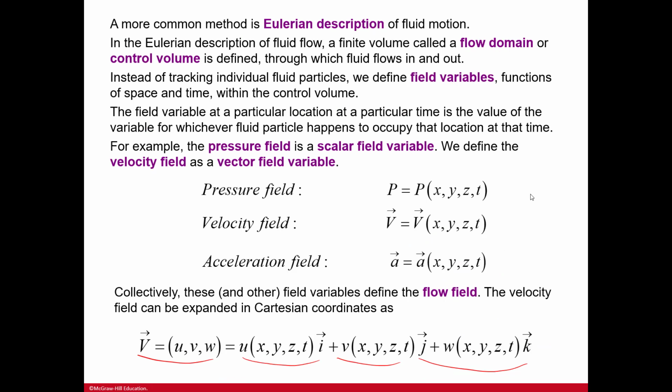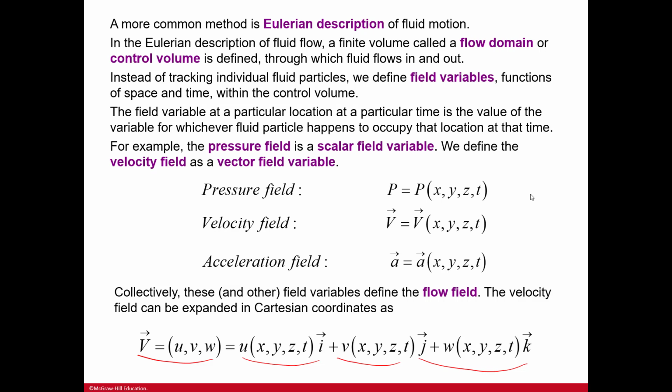And that's when we start looking at a flow domain or a control volume. We're defining that control volume of flowing in and out of an area, right? So we are defining that control volume, and then we're looking at the field variables within that over space and time, okay?